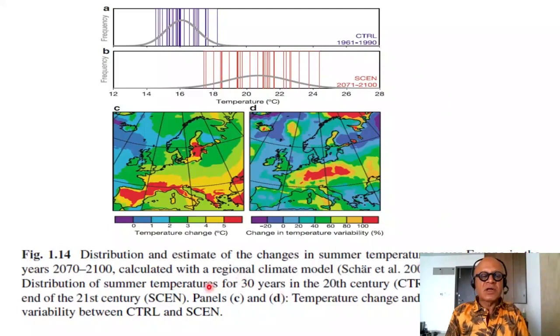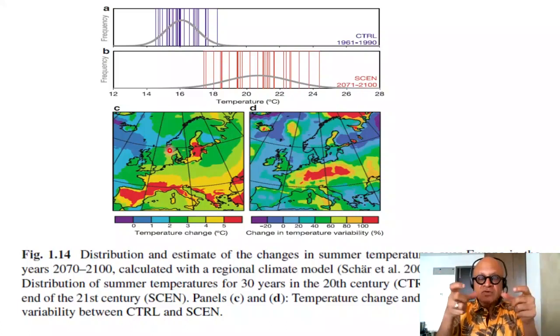So this is calculated with a regional climate model, which means the climate model is not global, but it only covers this region of interest, which means you have to provide it information at the edges. There are lots of issues, details associated with that. Why do you do regional models? Basically, that means again your grid size can become much smaller, because the computational cost of a smaller domain is much lower than the global domain.